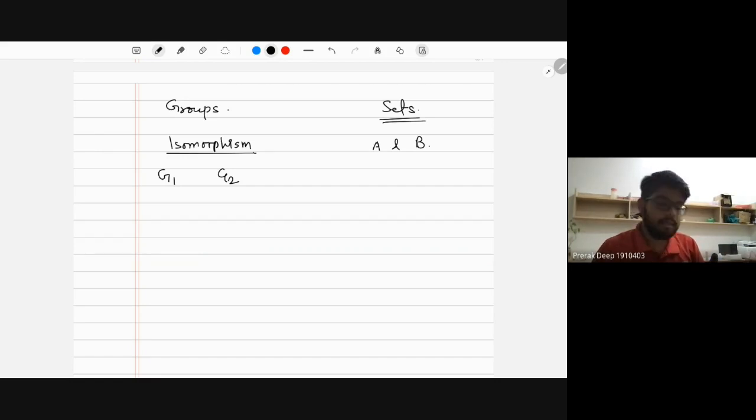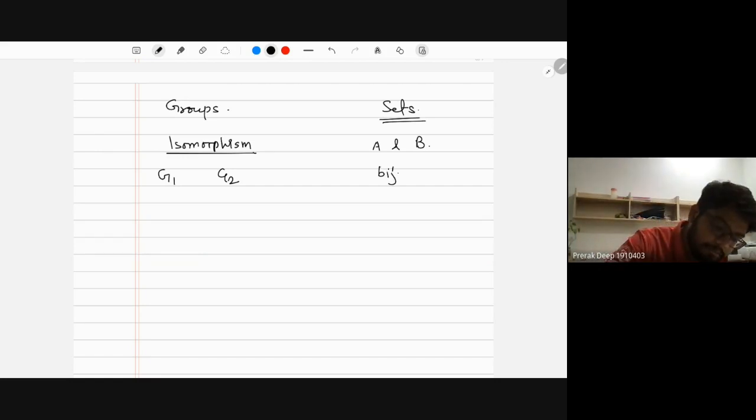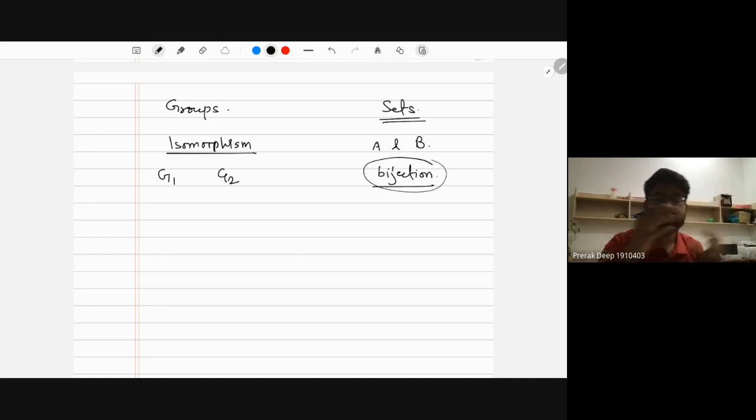When do we say that? When there is a bijection, right? If there is a bijection, then we say that two sets are the same. We study sets only which are not.